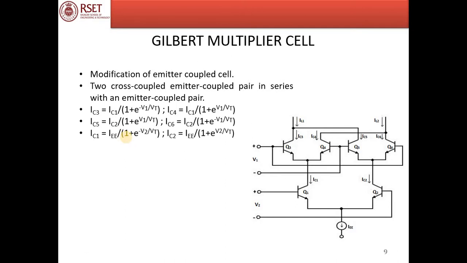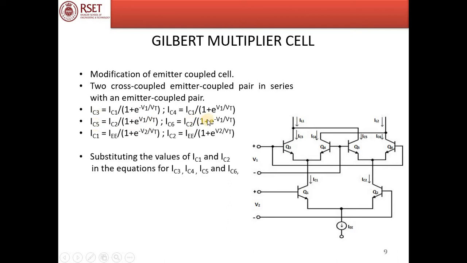Here the bias current is IC2. So IC5 and IC6 can be written like this. Now we write the equations for IC1 and IC2. For this emitter coupled pair, the bias current is IEE and the voltage is V2. So these are the equations for IC3, IC4, IC5, IC6 and IC1 and IC2. Now let us substitute the value of IC1 and IC2 with the respective equations in these four equations.